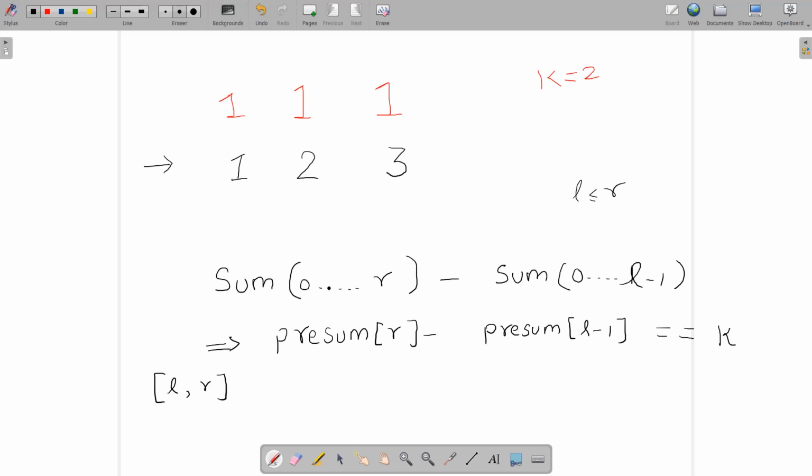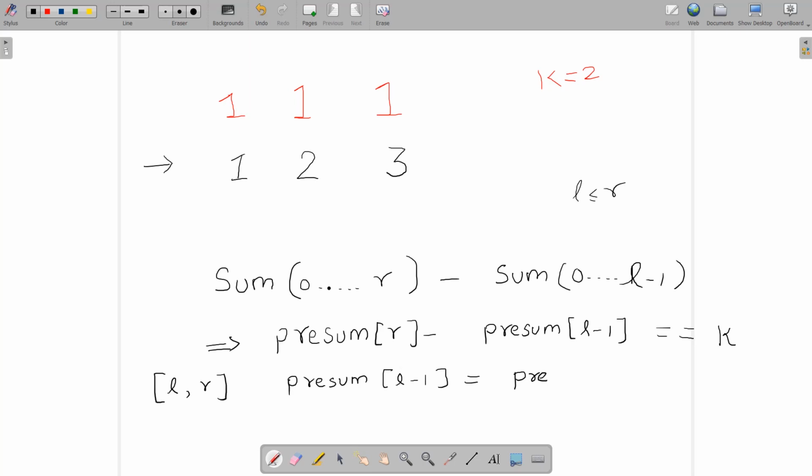Okay, if we can rearrange this term, you will get prefix sum up to R is exactly equal to... no, I'm not going to do it like that. It will make you understand in a much more complex way, so I will write it this way, rearranging the terms.